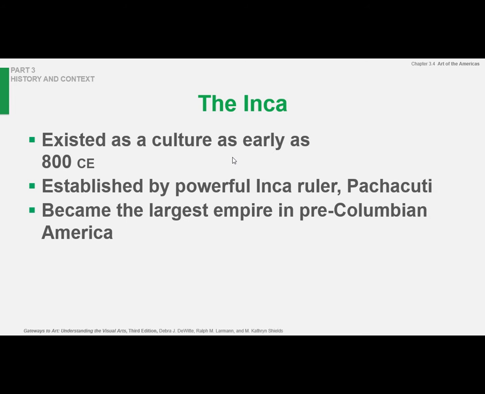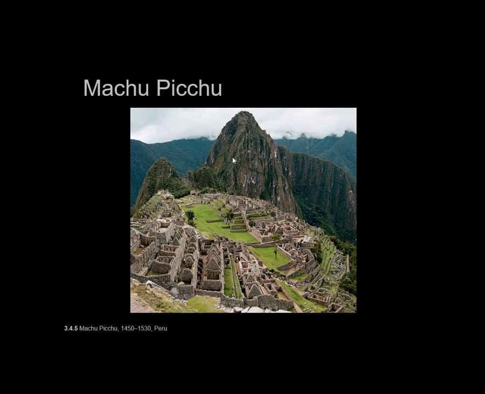And then quickly to the Americas. We're going to look at the Inca, just one. We're going to look at Machu Picchu, another place I would love to visit. This beautiful complex here on a mountain. This is actually like a tourist destination.